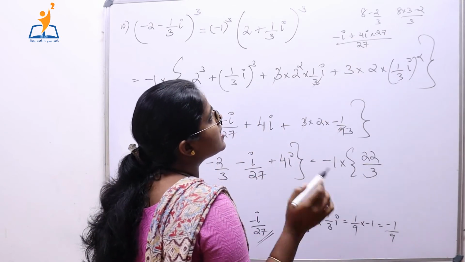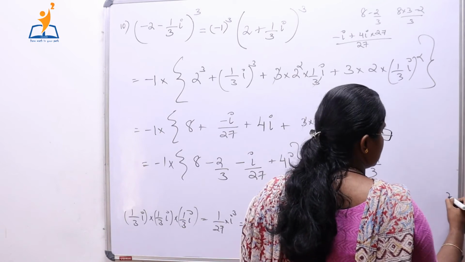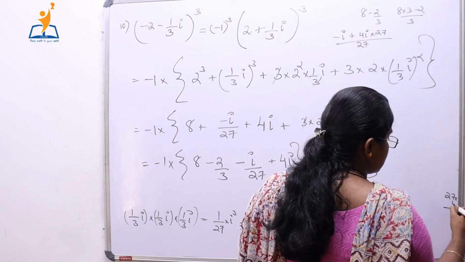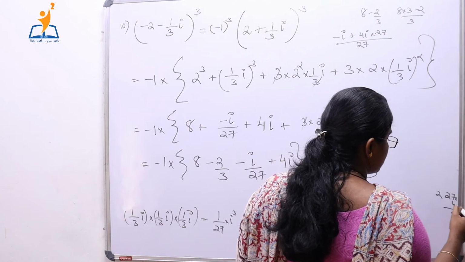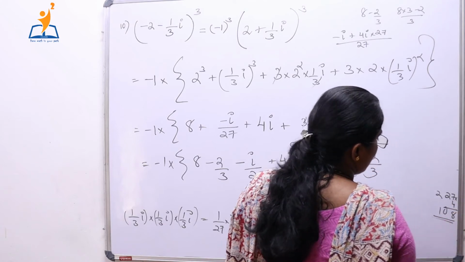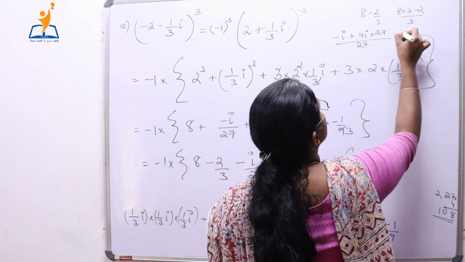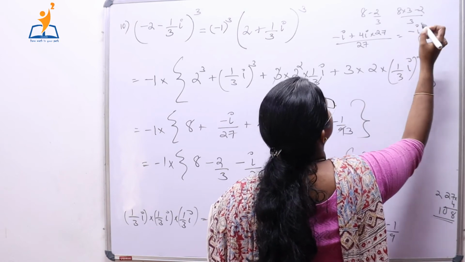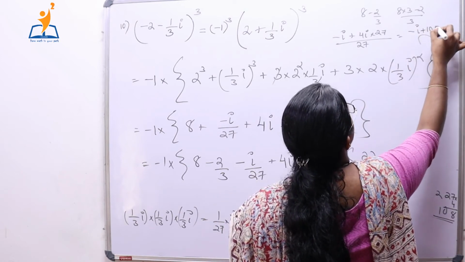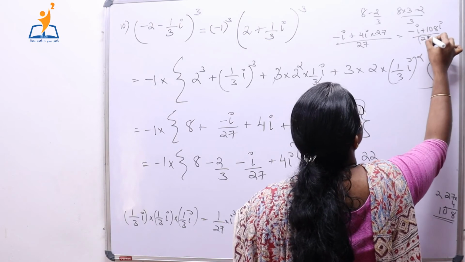Now what is 27 into 4? 7 4s are 28. 2 4s are 8. So it is 108. So it will become like this, minus i plus 108i by 27.